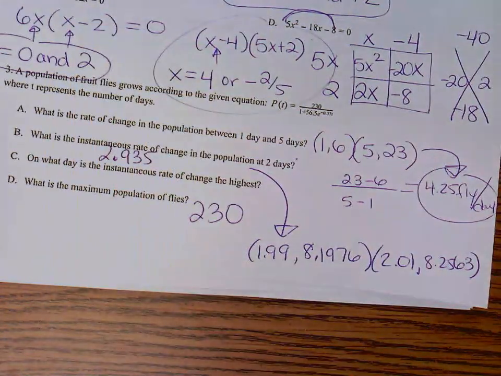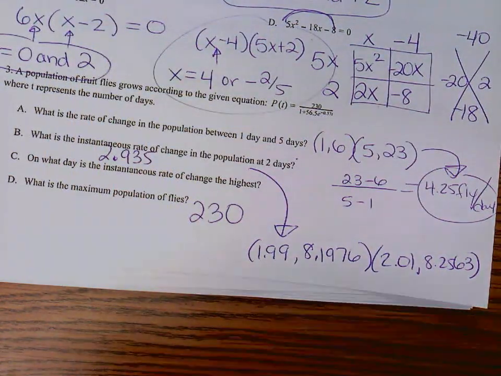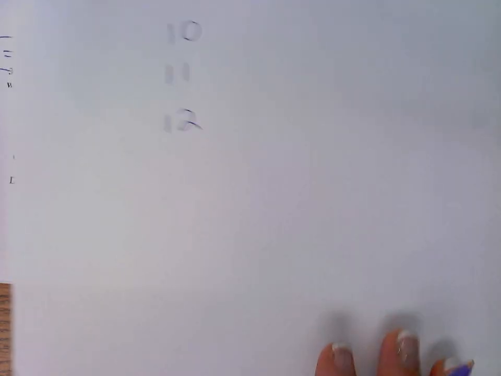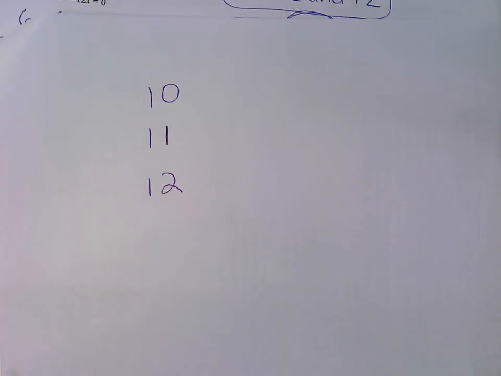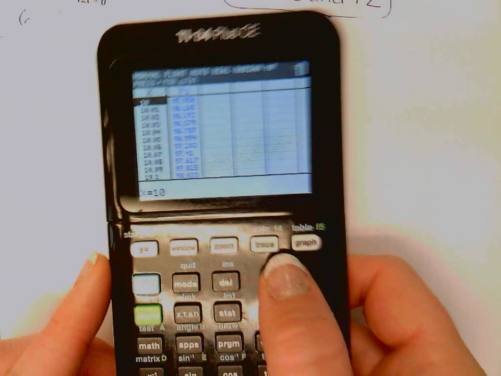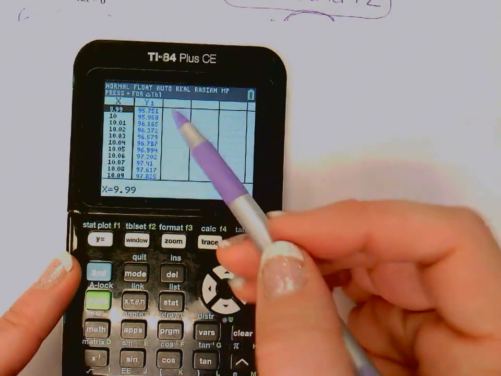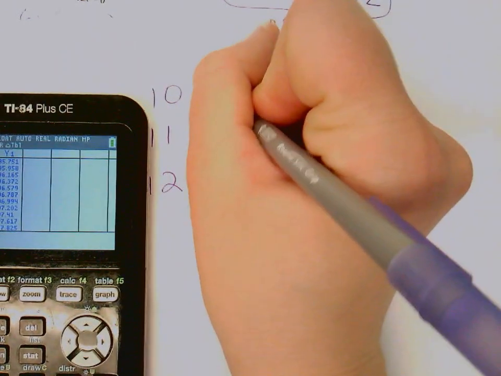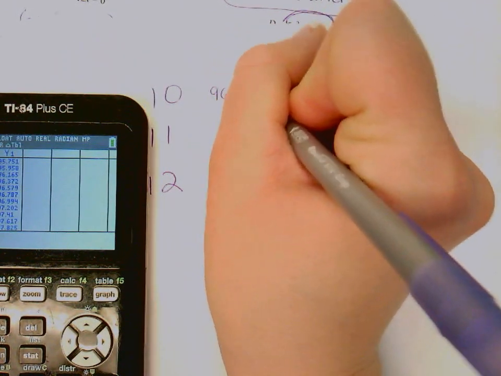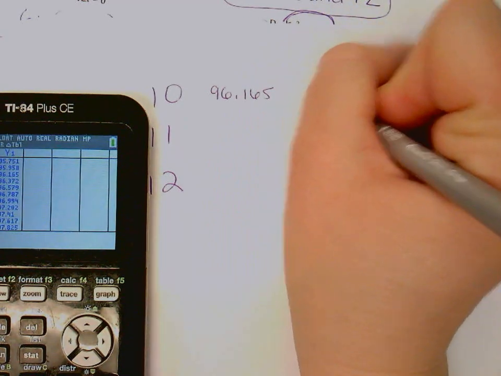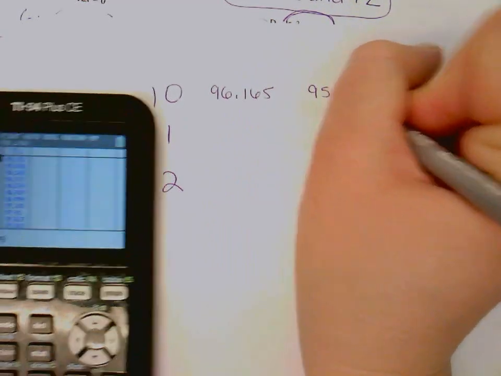So if you did day 10, day 11, and day 12 and compared them, I don't really want to spend the time right now to do this because I had a lot more that I wanted to review. But you would go to day 10, for example. So let's see, 96.165 versus 95.751. That's day 10.